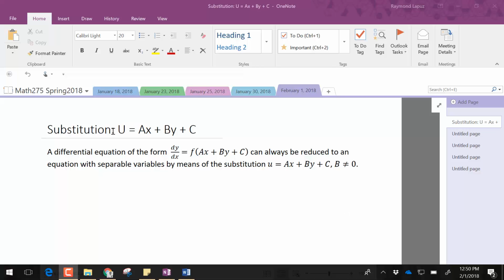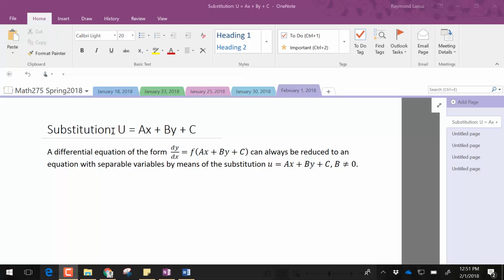Okay, this particular substitution is really a special case of a differential equation. We have a differential equation, and then we happen to see some ax plus by plus c, or some combination where one of those, a or b, has to be non-zero.